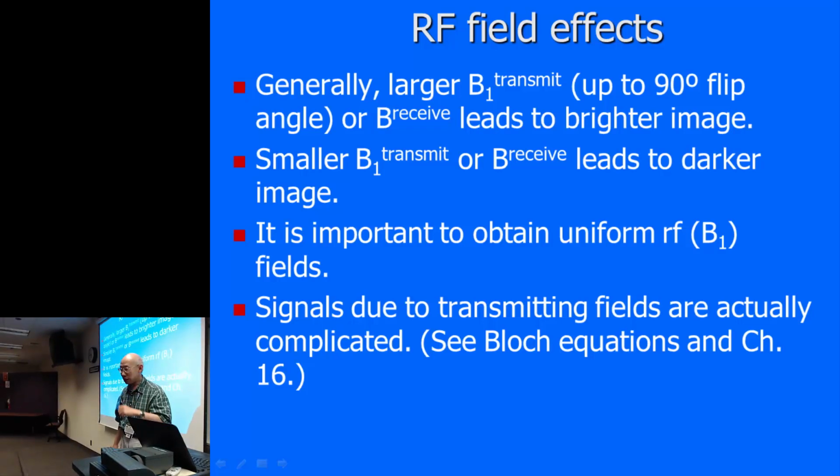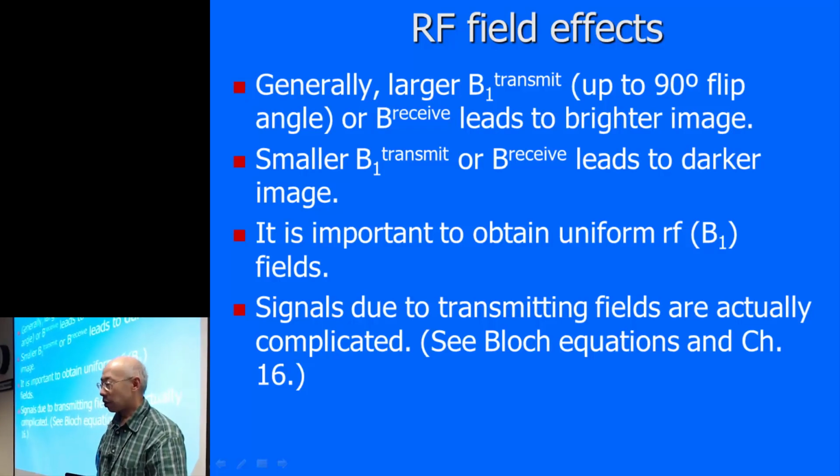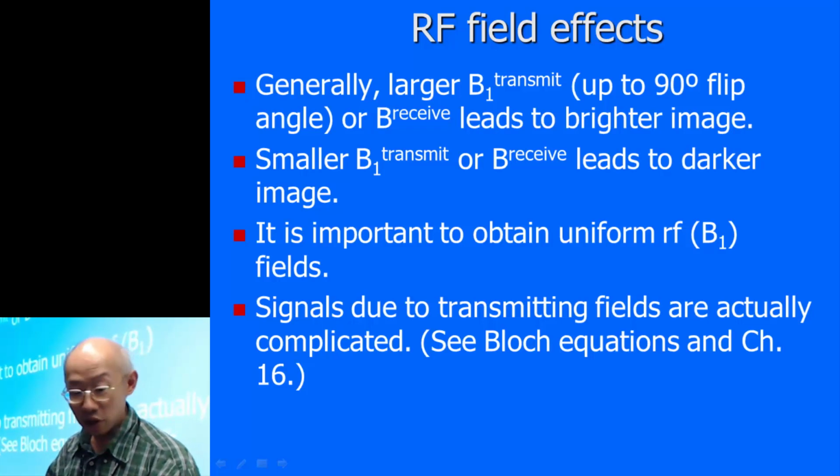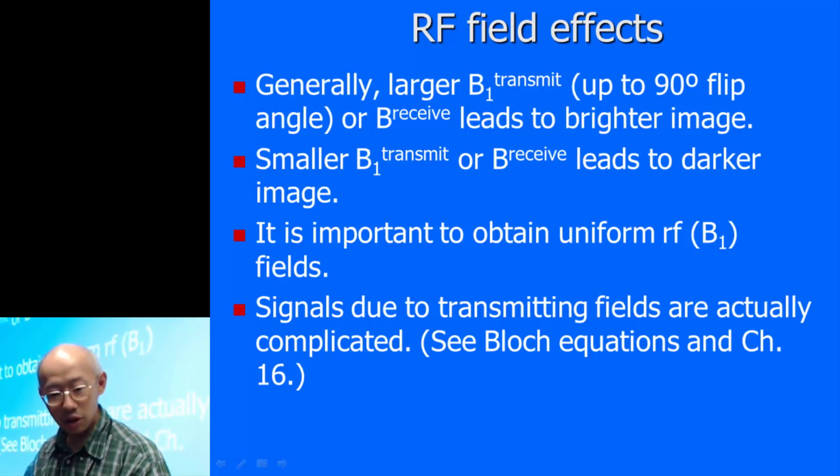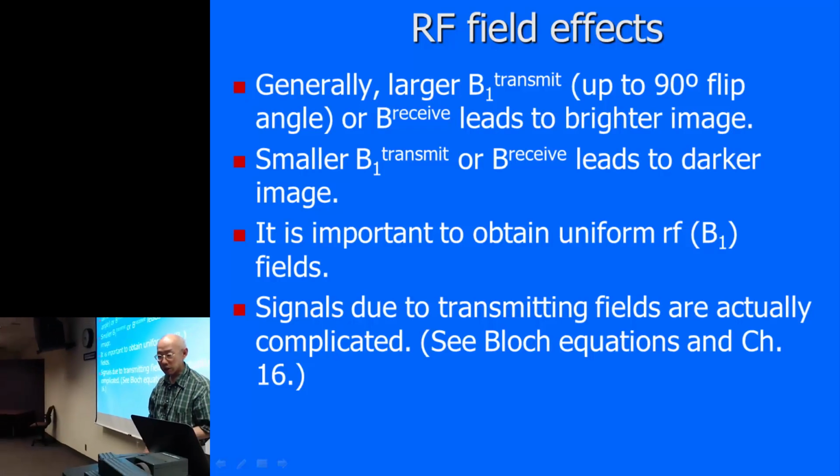So we're not teaching that, but I'm just giving you a flavor. That means certain things are happening, just from the equations you have learned so far. It doesn't need a complicated equation. If you look at the Bloch equation in chapter 16, it just has these gradient fields in there. If you don't have gradient fields, then things are easier. Then you know how to solve it, back to chapter 3.